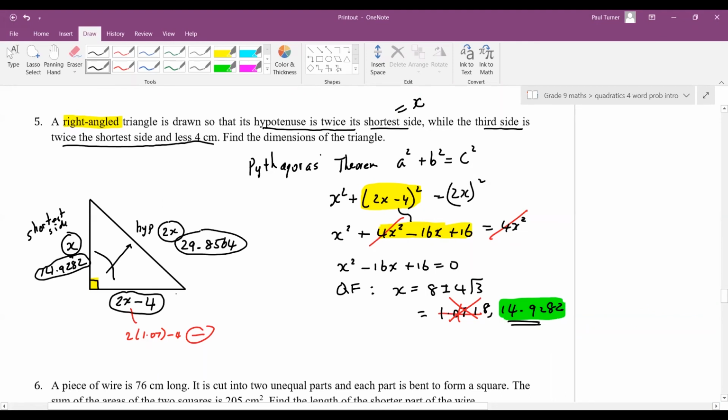And the middle length was 25.8564. Like that. Because it asks you for the dimensions of the triangle. And the dimensions are each length. So the shorter side, the hypotenuse here, and your middle length there, that one there.